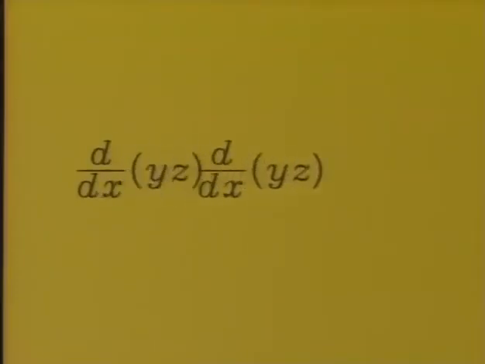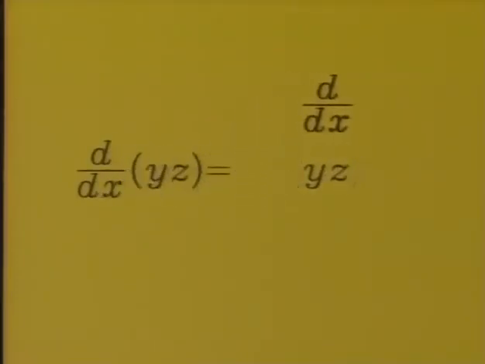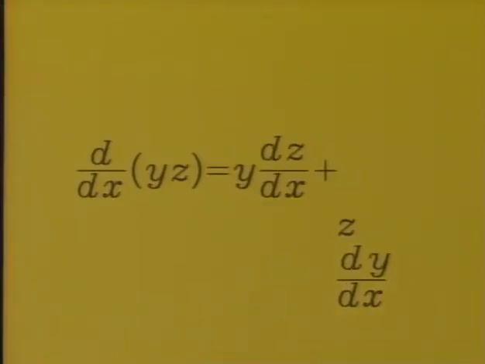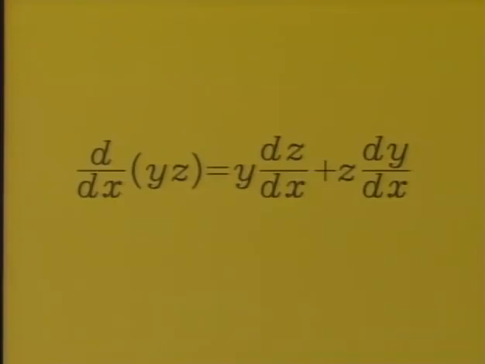The derivative of the product y times z is y times the derivative of z plus z times the derivative of y.